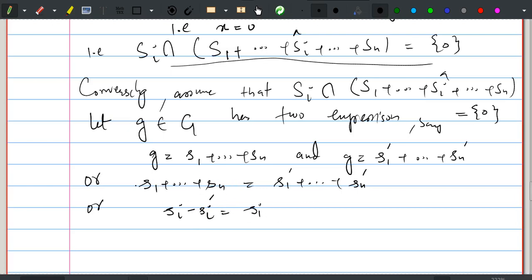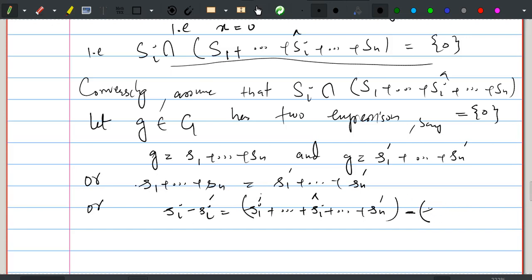So we have Si prime plus so on plus Si prime cap, and this cap means this term is not there because we have shifted this term over here. Si prime is here, plus so on plus Sn prime minus, now we have shifted these S1 through Sn to the right hand side except this Si.